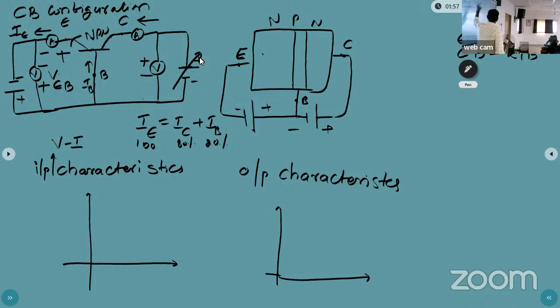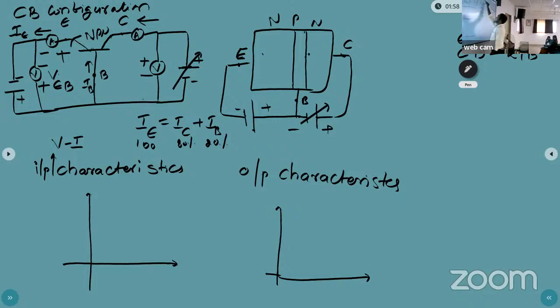If you are increasing this, then what will happen in the collector base junction? If you are increasing this voltage, what happens? Reverse bias. This is reverse bias, right? Because of this reverse bias, what will happen in this junction?